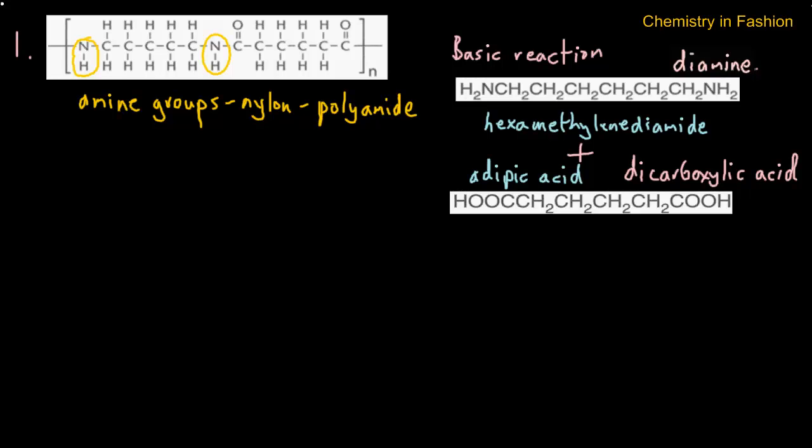We've got the hexamethylene diamide, and we can show that simply like this. We just take typically the R, and we know at each end we've got the amine groups, NH2 at one end, NH2 at the other end, and this is the diamine, of course, diamine.